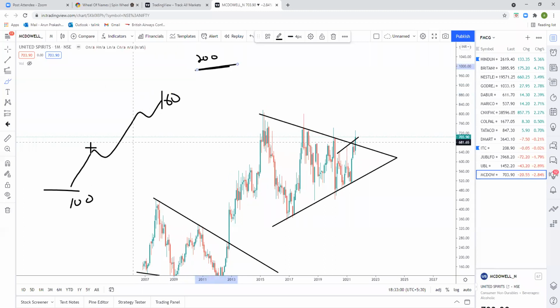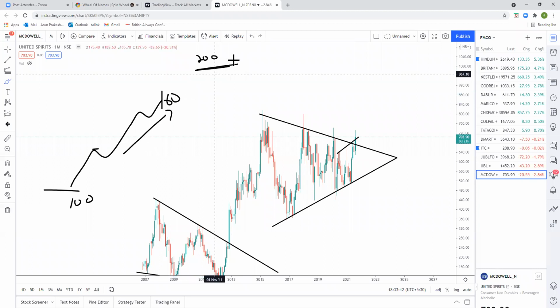Because if you had exited earlier at 110 or 120, you wouldn't be sitting with a profit of 60 points now. Only since you have held on to this for this long, you are sitting in a profit of around 60 points. So it's okay to wait for the next 40 points.